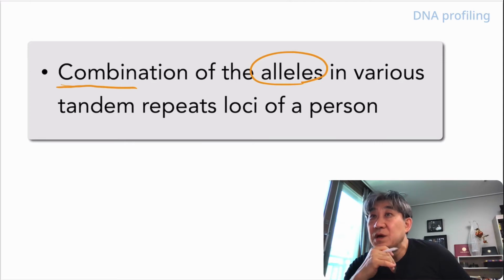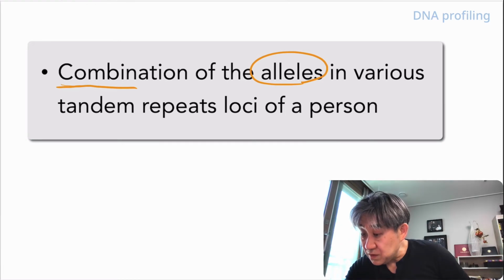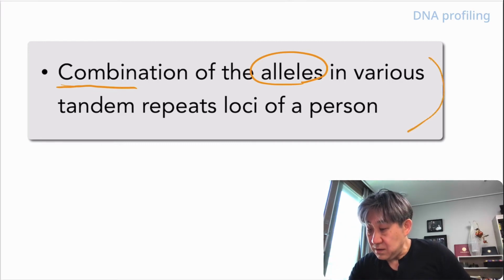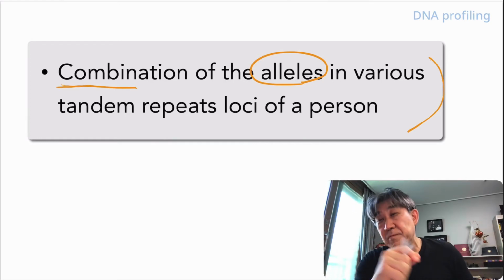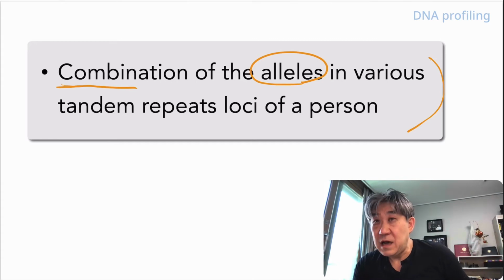That's how we do it. So the combination of these alleles in various tandem repeat loci of a person is the raw material, so to speak, for DNA profiling. It is not wording that I just made up. If you look up the reference, this is how it has been described.